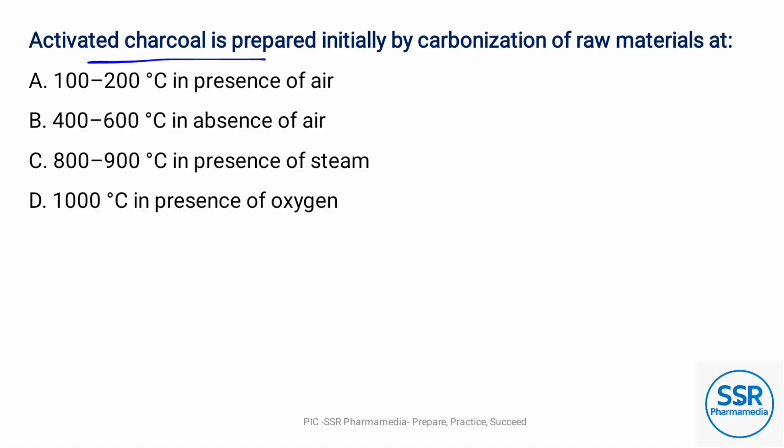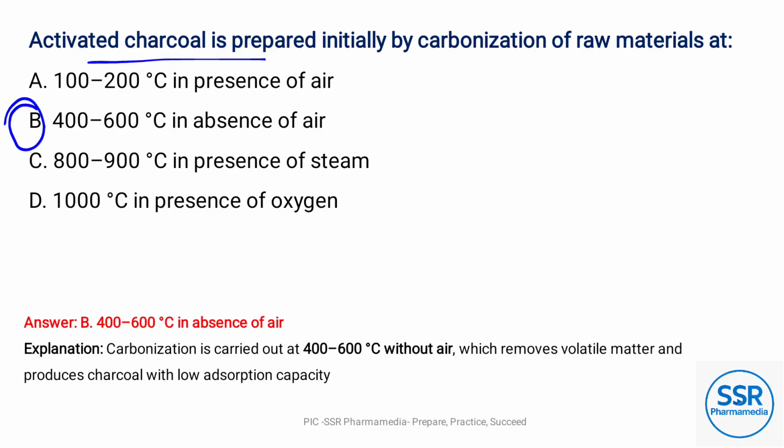Activated charcoal is prepared initially by carbonization of raw materials at option B, 400 to 600 degrees Celsius in the absence of air.